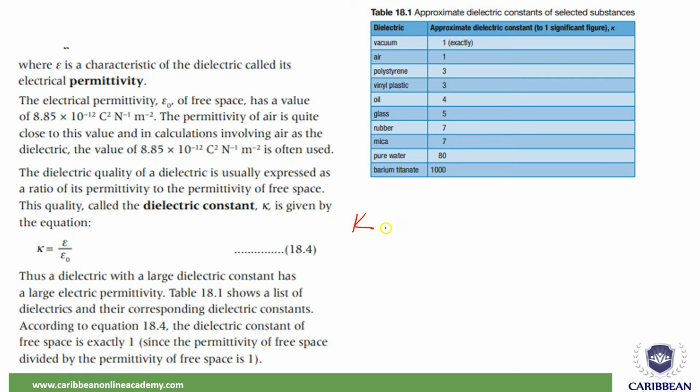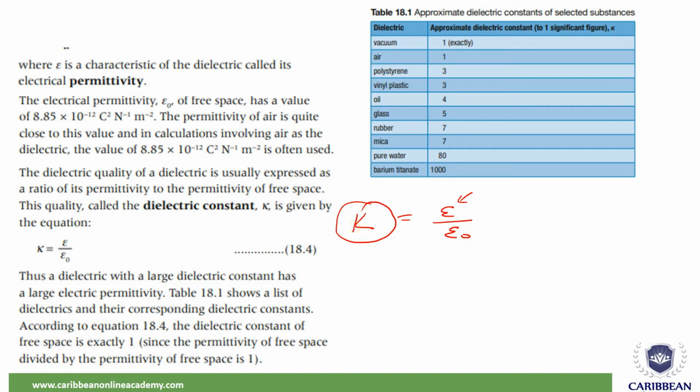So K is equal to the electrical permittivity of the medium divided by the electrical permittivity of free space. Now, each material has an electrical permittivity, and if I were to divide that by the electrical permittivity of free space, I now get a constant which we call the dielectric constant.